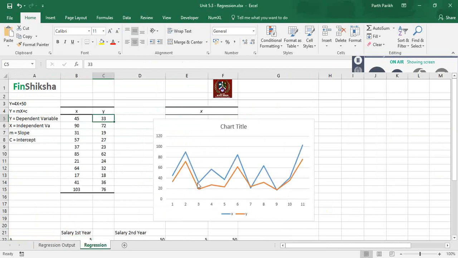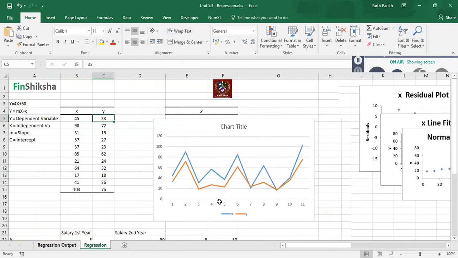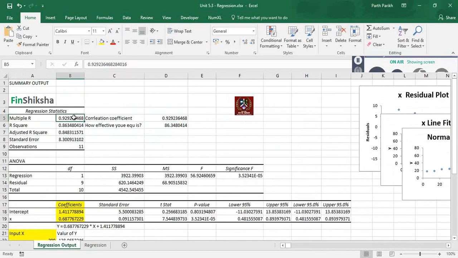Between 3 and 5, X moves drastically but Y doesn't move drastically. Similarly, between 7 and 9, X moves drastically but Y doesn't. That's the reason multiple R is not 100% or 1, rather it is 0.92. It mimics almost 92% of the time. It's a correlation coefficient, which we found out using the function called correl.